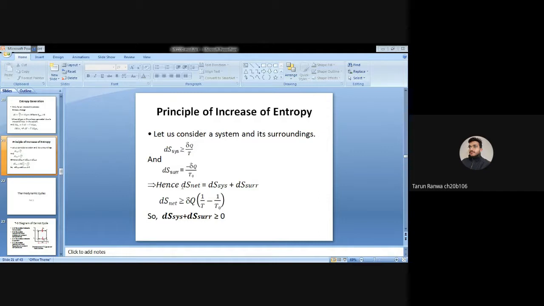Hence, the net change in entropy equals the change in entropy of the system plus that of the surroundings. So the net change is greater than or equal to dQ times (1 by T minus 1 by T naught), where T naught is the temperature of the surroundings. So the net change in entropy is always greater than or equal to 0.